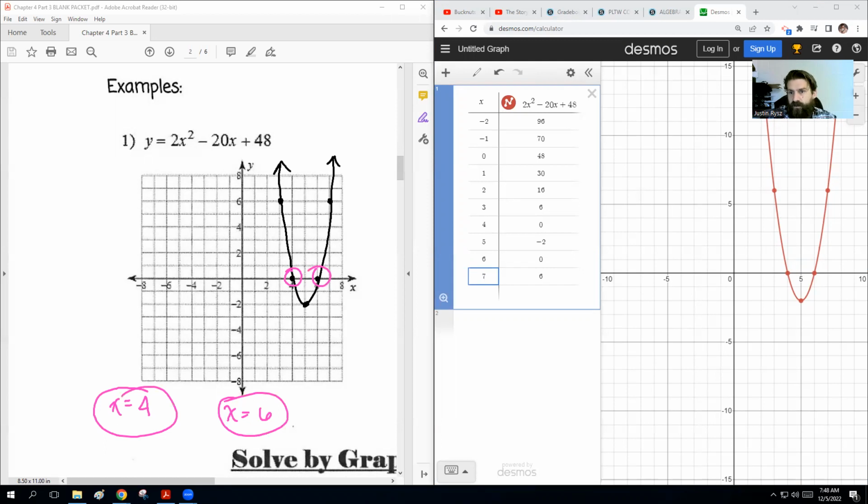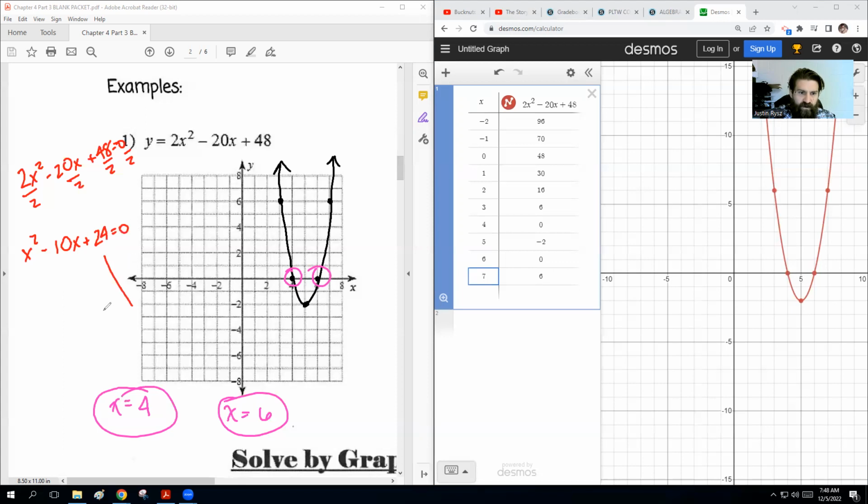Now, the reason why we're going to use this is because technically we could have solved this by factoring. We could have said x squared minus 20x plus 48 equals 0. We could have factored out a GCF of 2, divided everything by 2. Just showing you guys, you don't have to do this, but this is what we did in the previous section, okay? We've got x squared minus 10x plus 24 equals 0.